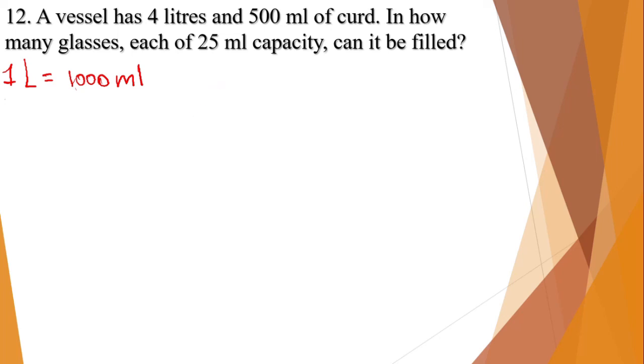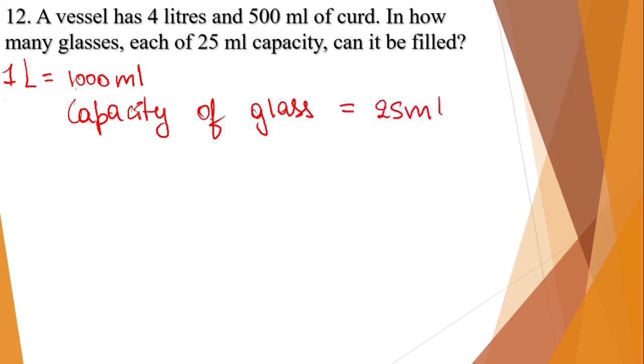Now, here the capacity of glass, so the capacity of each glass is 25 ml. Now 25 ml is already in milliliters, right? So no need to convert.